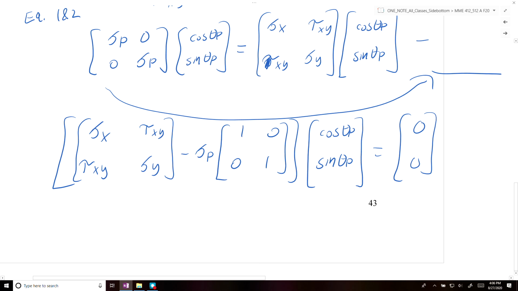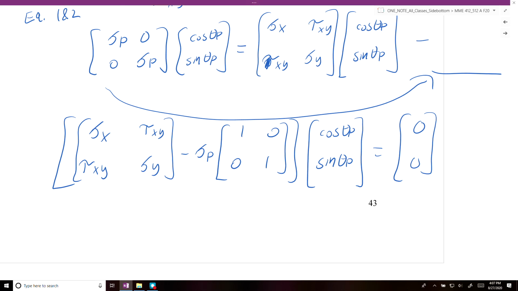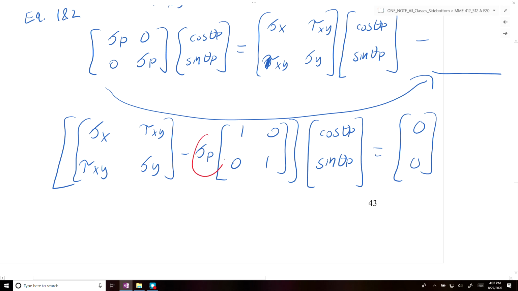This type of equation might be familiar to you from your differential equations or linear algebra course. This is an eigenvalue problem. The eigenvalue that we're trying to solve for in this case is sigma p. In your math classes, you may have been asked to solve for lambda.